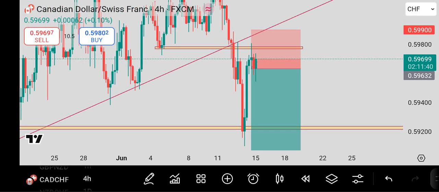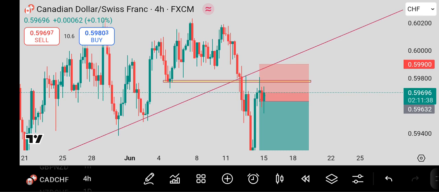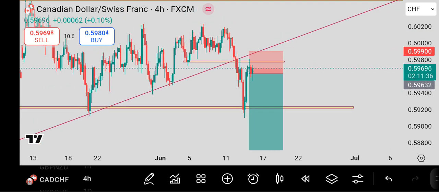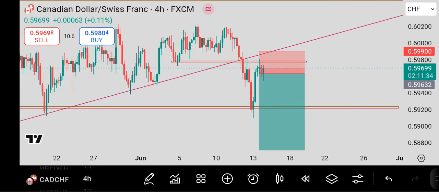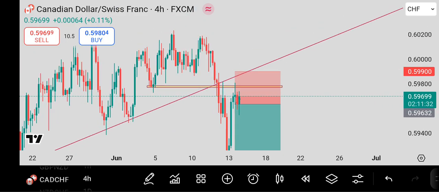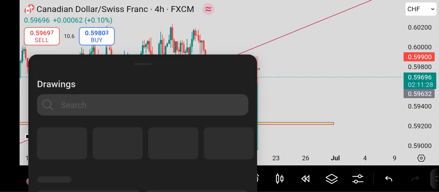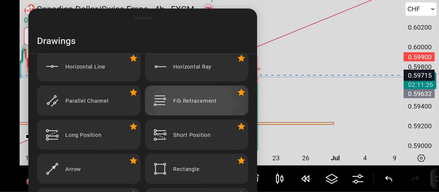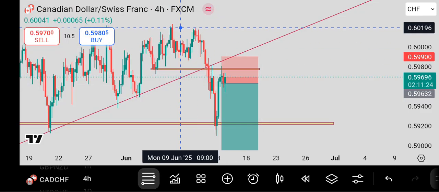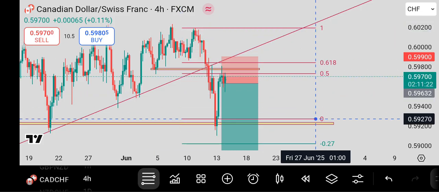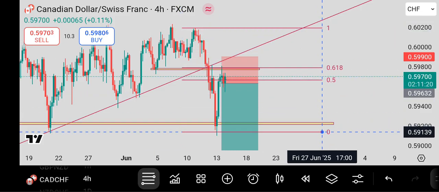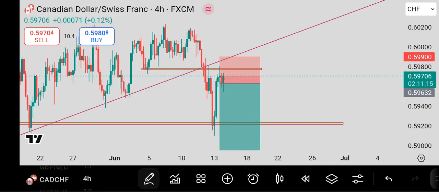But this one is also a good sell, because it broke from the counter trend line and broke structure here. And once I plug in my Fibonacci level, it's also giving me the vibes. Let me plug in my Fib level. Now you can see the market is actually in the Fib level, giving me this 4 hour.